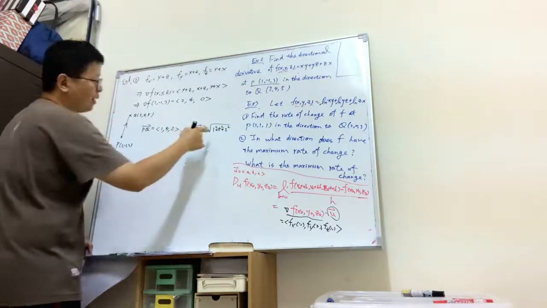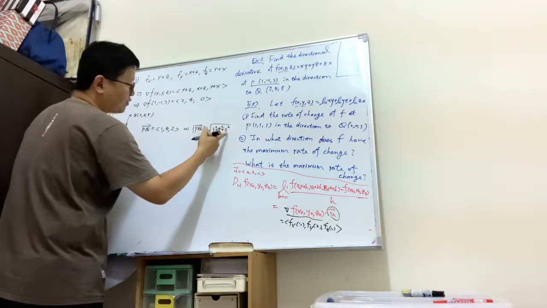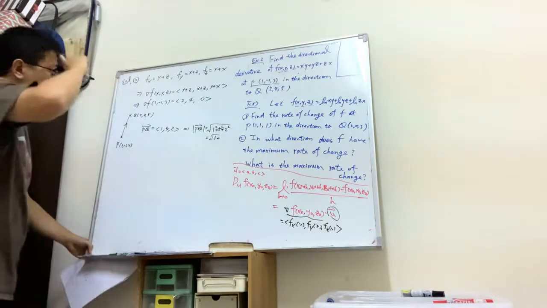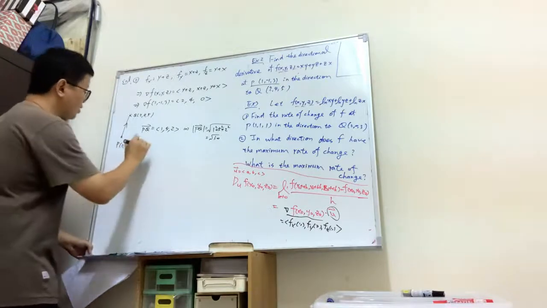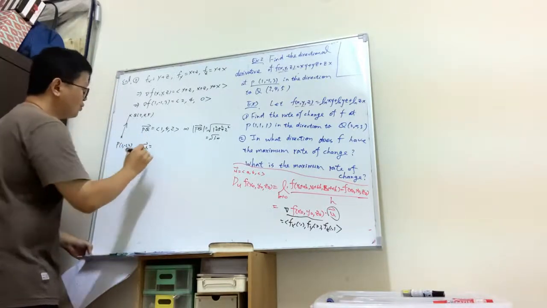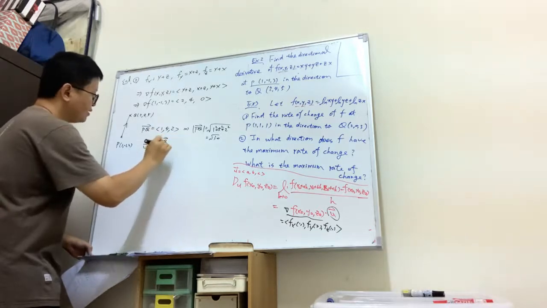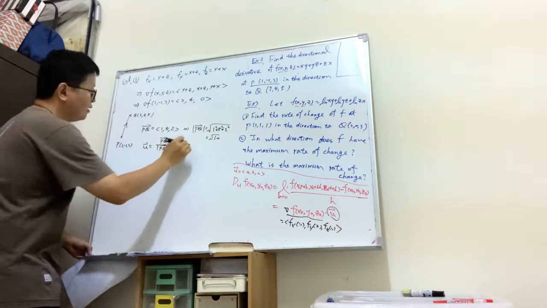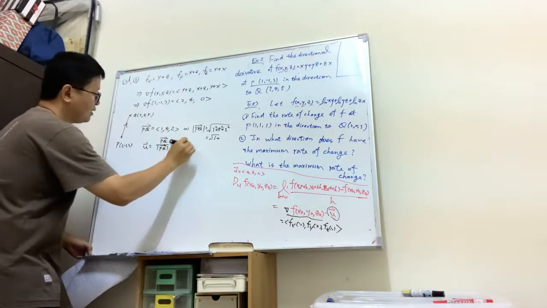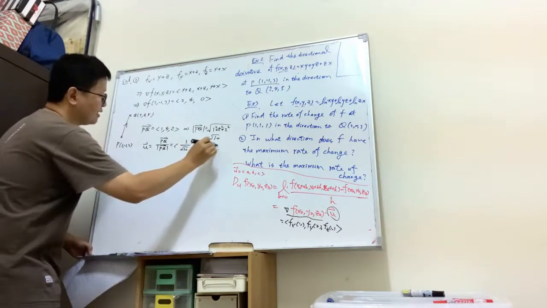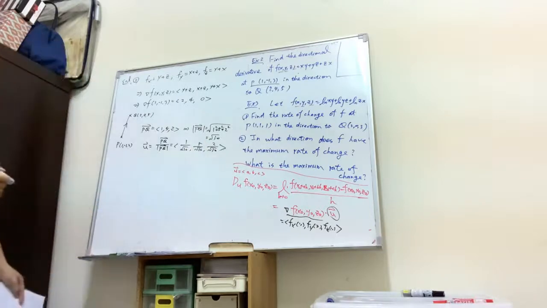So it becomes 1 plus 25 plus 4, so square root of 30. So the unit vector u is just the vector divided by its length: 1 over square root of 30, 5 over square root of 30, 2 over square root of 30.